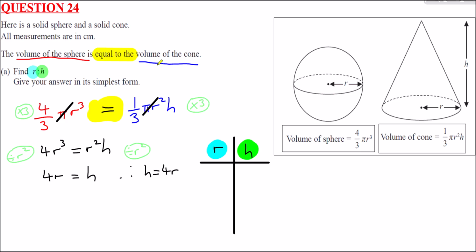So if I leave h as 4r, and I'll leave r as just r, then if I divide both sides by r, I'll then have a ratio of r to h. r divided by r is obviously 1, and 4r divided by r gives me 4. So therefore the ratio of r to h is simply 1 to 4.